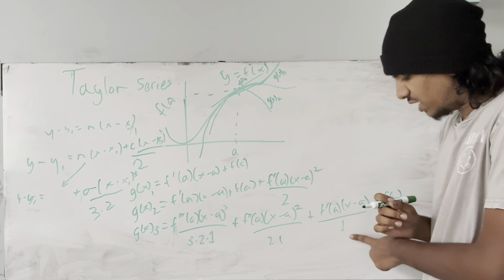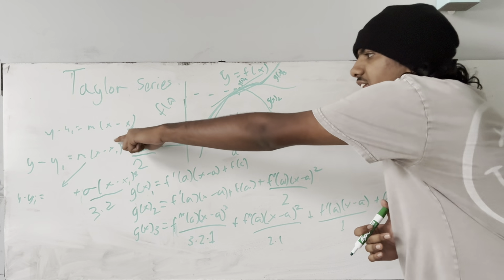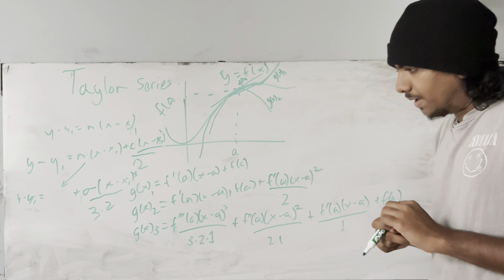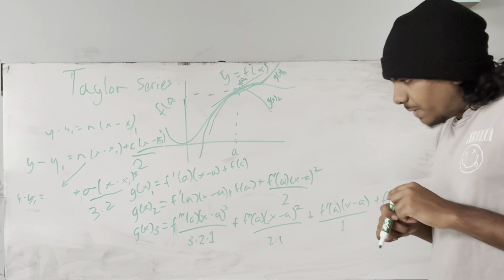Because when you differentiate this, you're really multiplying by a 1, but it really doesn't appear. But for now, just observe the pattern.